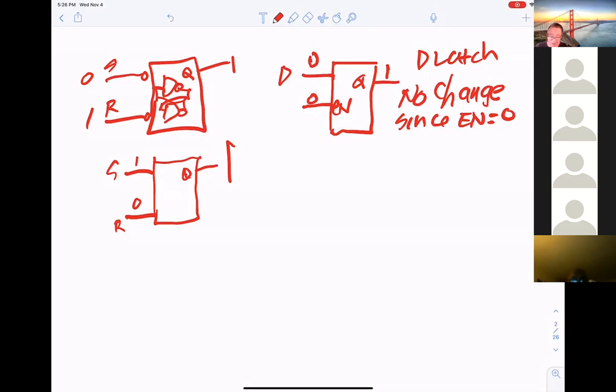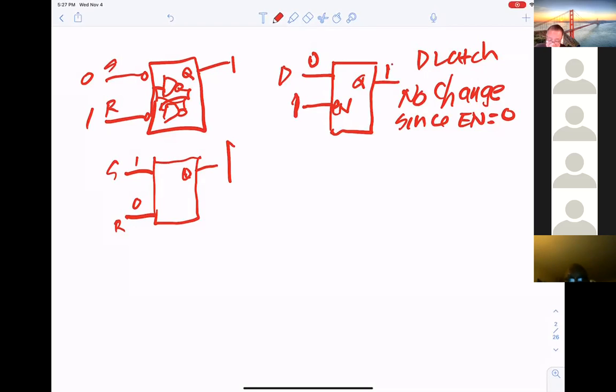Okay. Now, if I jam the enable equal 1, what happens? Q will be equal to D. What logic?